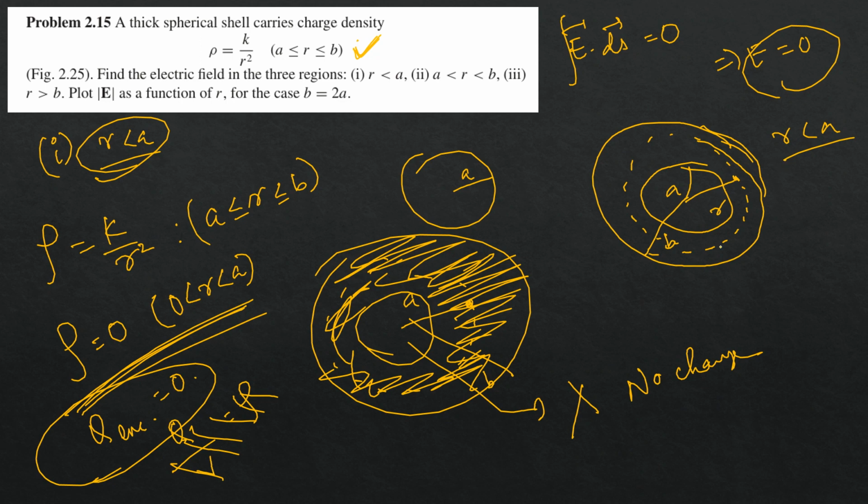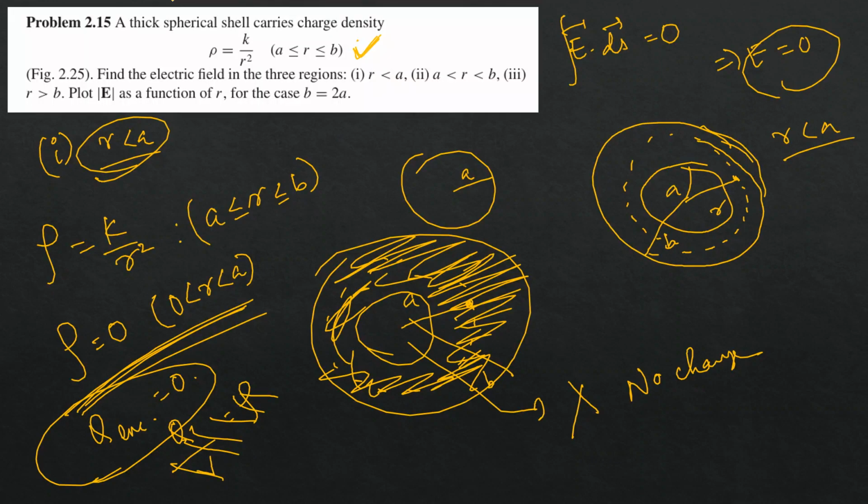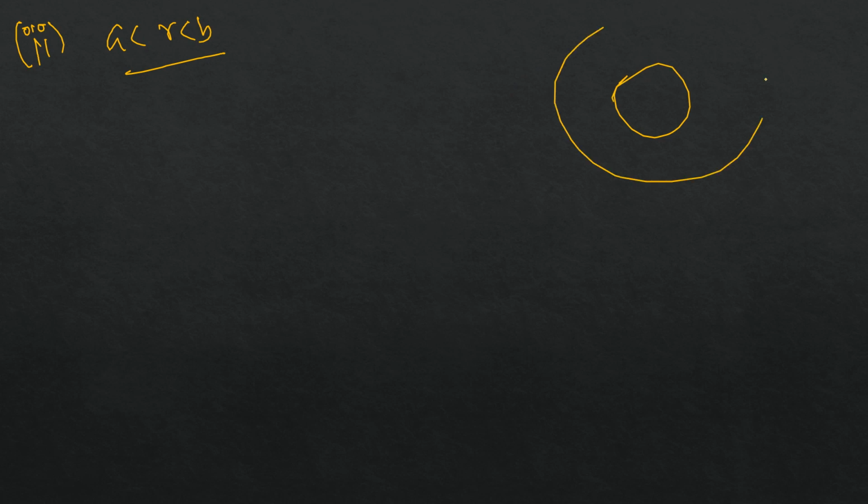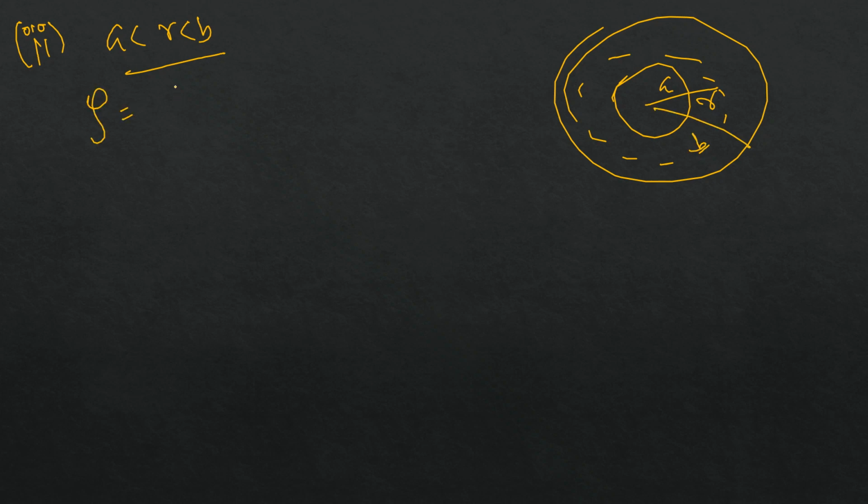Okay. Now we have to find the electric field for A less than R less than B. How to do it? We know the charge density in this region. Charge density rho is equal to K by R square, right?